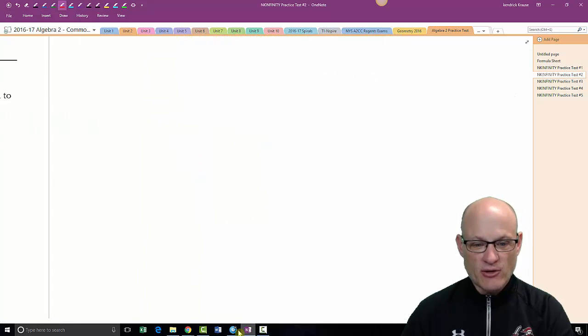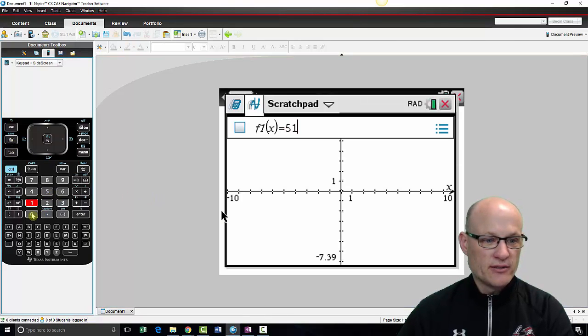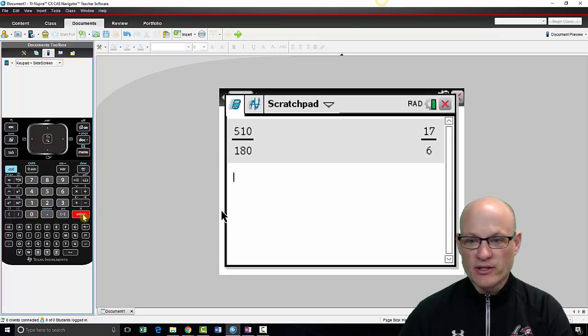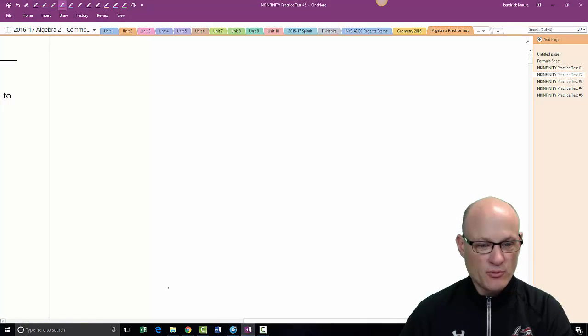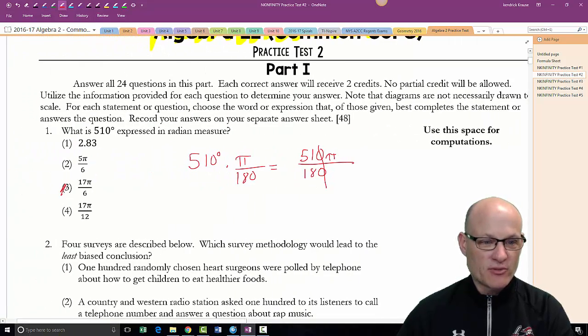Now, you can always go to your calculator and just type 510 divided by 180. I might come up with a decimal. Nope, 17 over 6. So 17 over 6 pi.